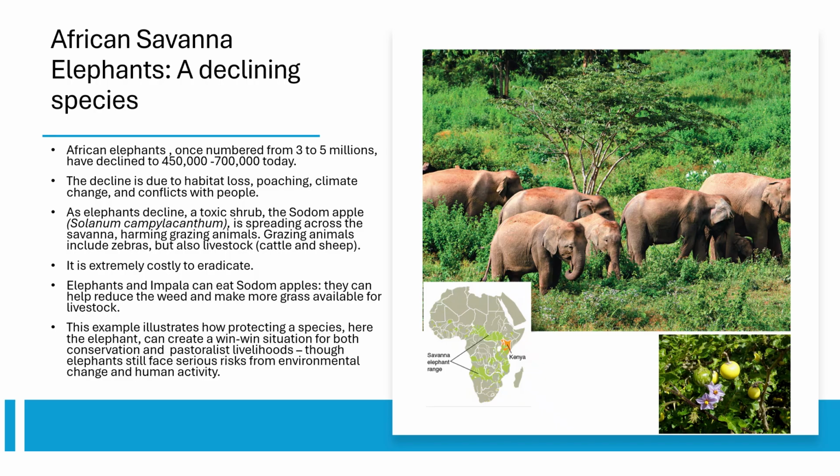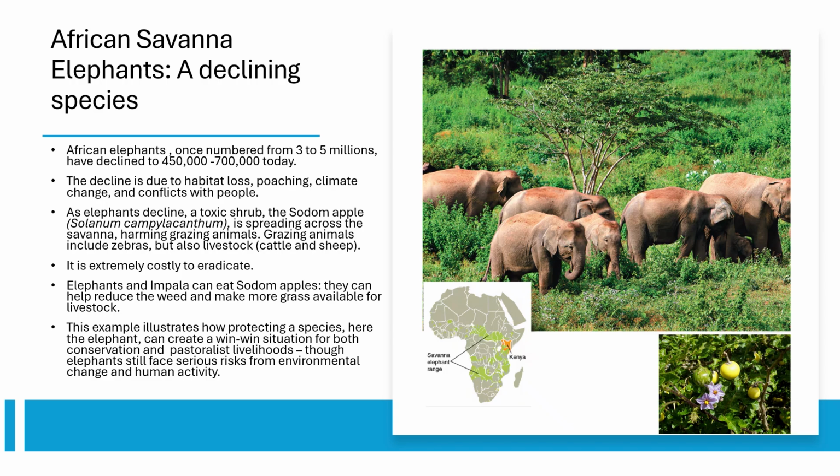Those grazing animals include the zebra, but also livestock. So this has an economic impact for the local population. Since it's so toxic, local people have been trying to eradicate the shrub. However, it's not working very well because it's extremely costly to eradicate.